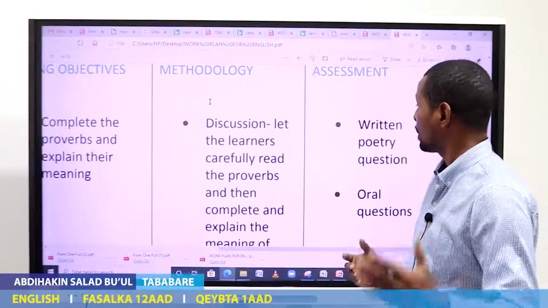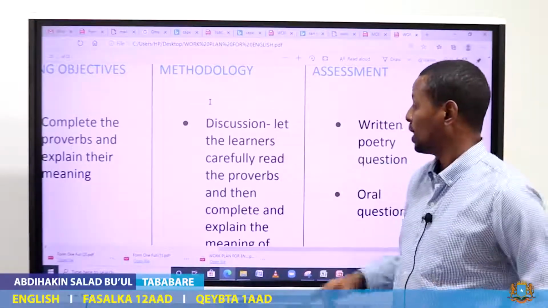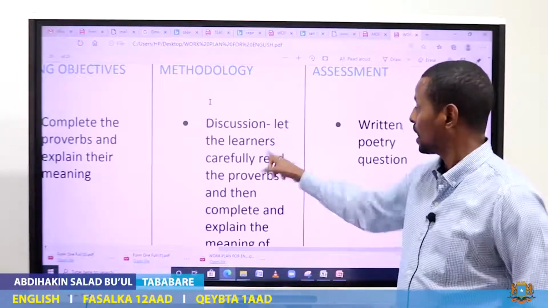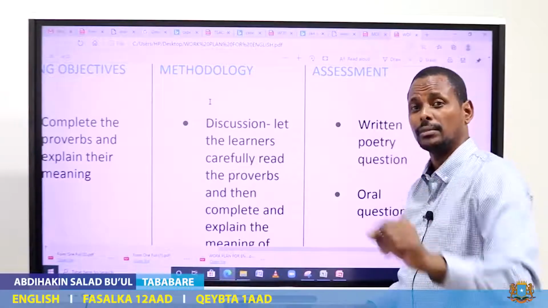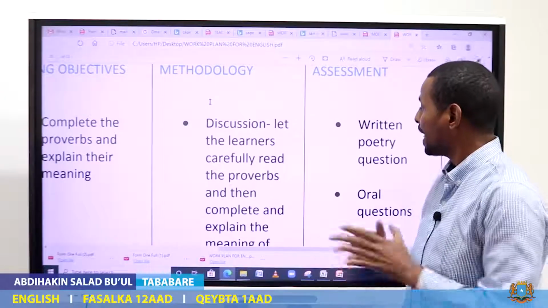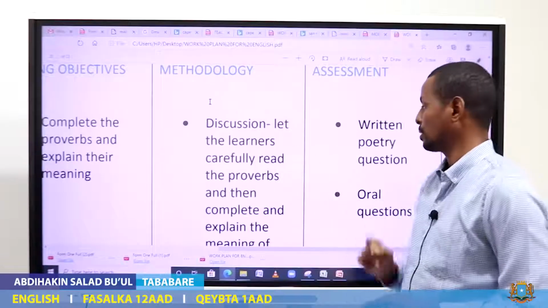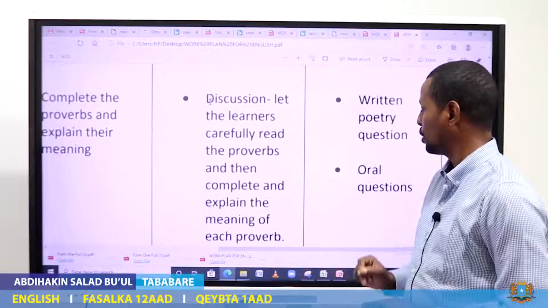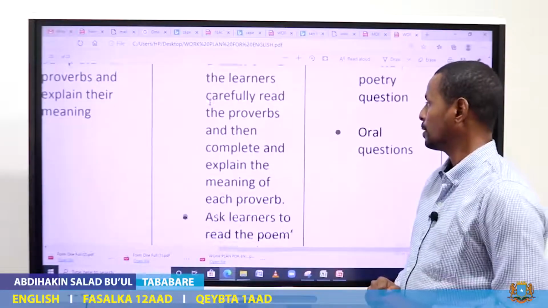So let them discuss. And how do you do that? Let the learners, here means ask them, instruct them, tell the learners, carefully read the proverbs, and then complete and explain the meaning of each proverb.